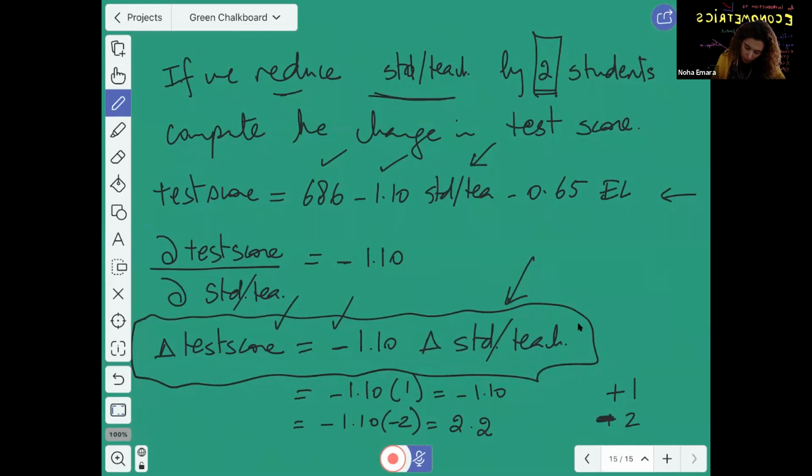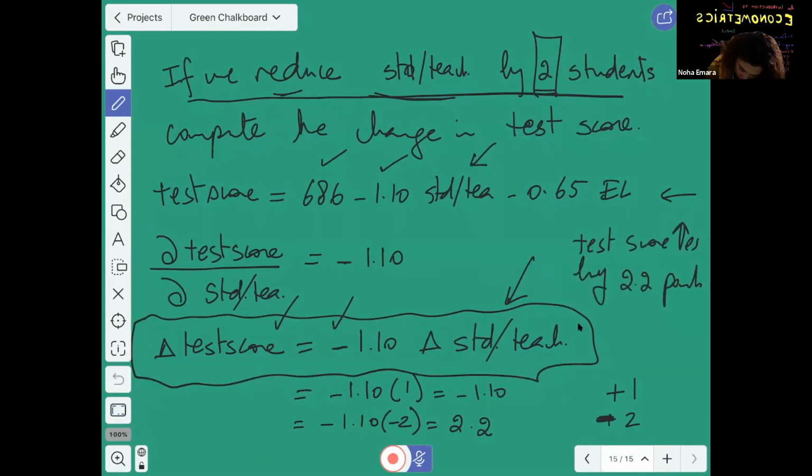So if we reduce the student-teacher ratio by 2 students, test score increases by 2.2 points on average, because this is the average between all the districts I have in the sample. Okay, is this clear?